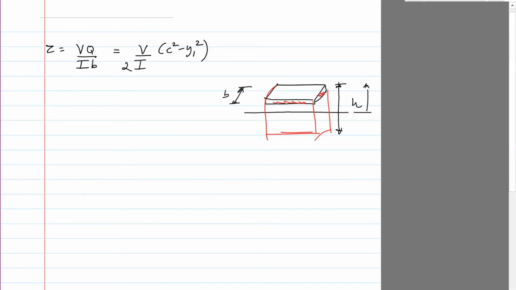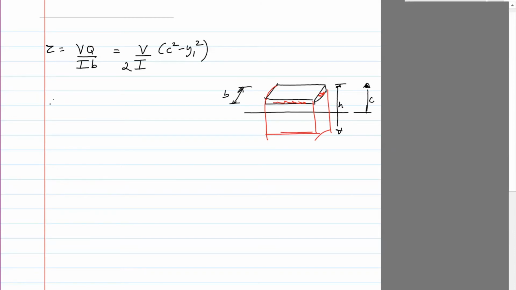C is this, and this is h. This is the topmost part of the beam. So we can write expressions for inertia.